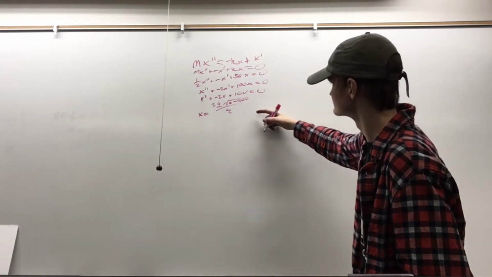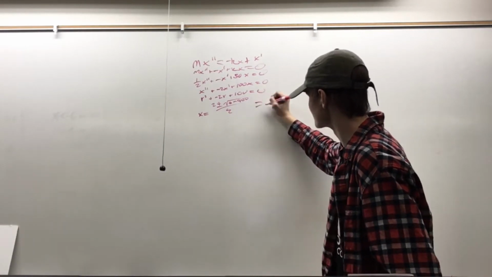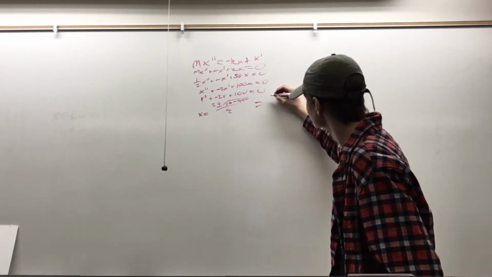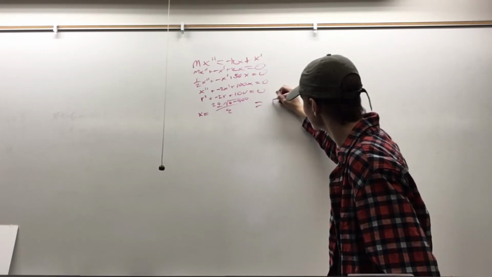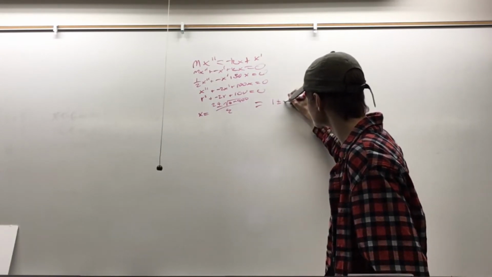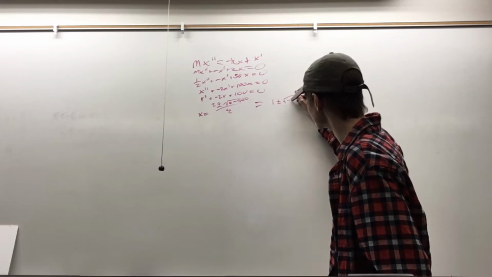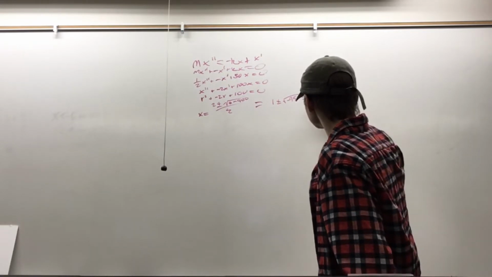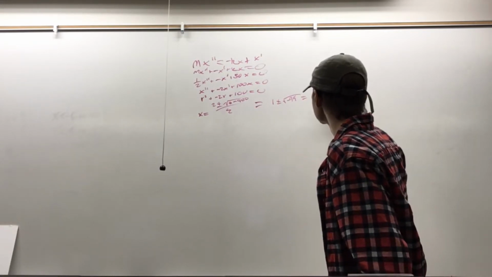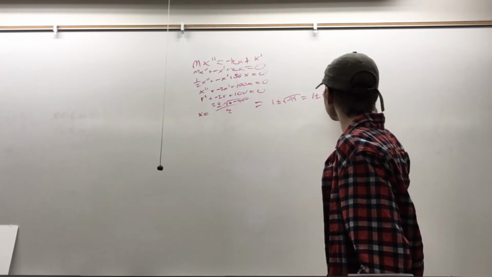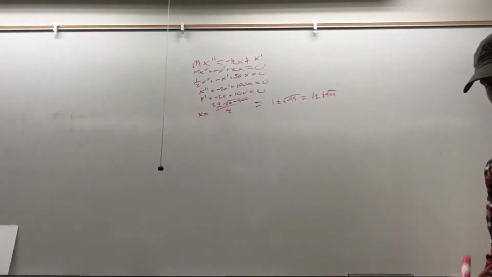So then, I'm just going to simplify that to 1 plus or minus the square root of negative 99, which is equal to 1 plus or minus i square root of 99.